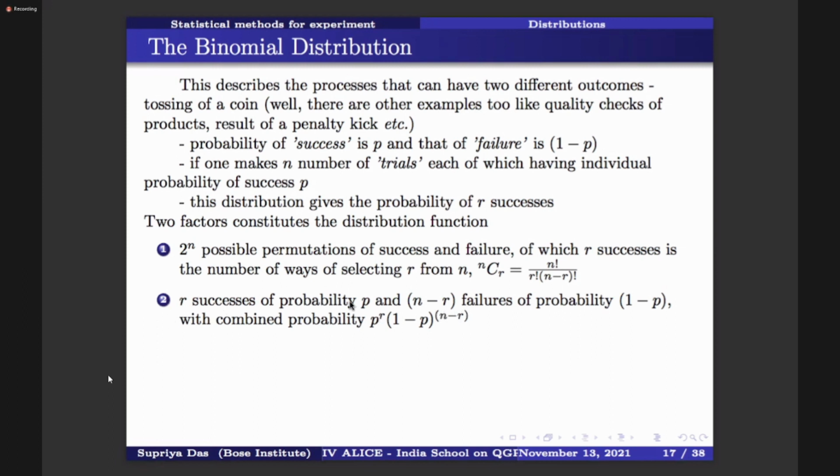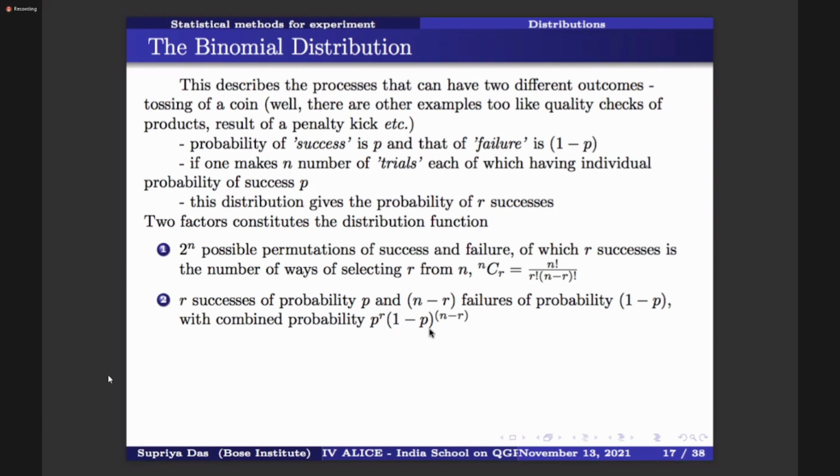You can have R successes of probability P by P to the R. You remember you had half from a coin, the probability of getting head. So if you take 4 coins, you had half to the power 4. Exactly like that, here you have P to the power R.